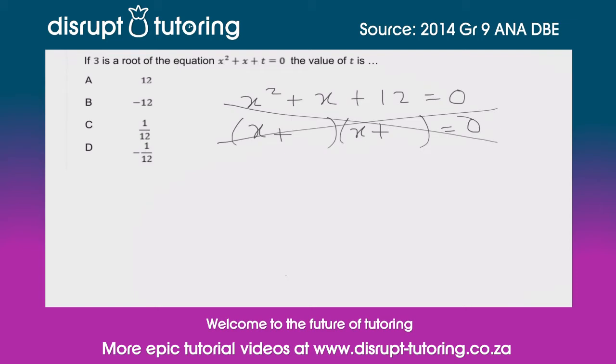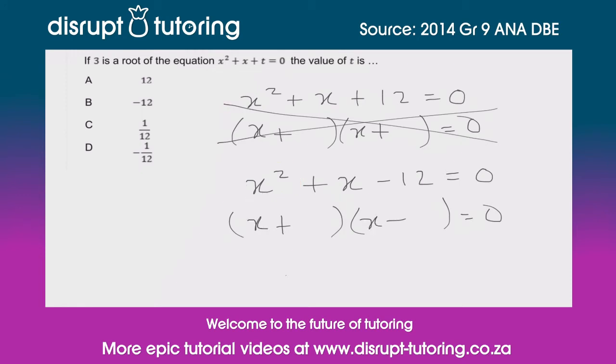Let's try B now. So we've got x squared plus x minus 12 equals 0. Now we open up our two brackets, equals 0, and we remember if this is a negative, then we're going to have two different signs in our bracket, so it's going to be plus and minus. We're going to square root the first term, which is going to then be x and x.